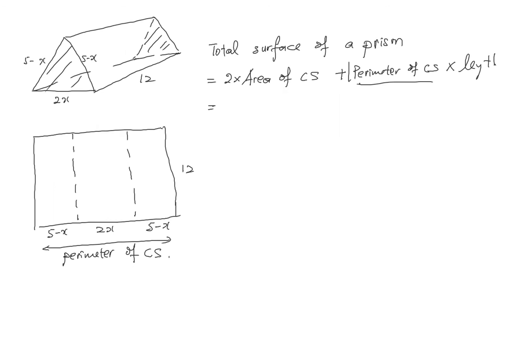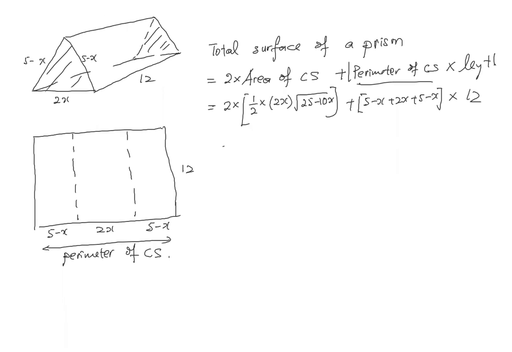So in this case, it will be 2 times the area. Just now we have found half times the base times the height. Plus the perimeter, which will be 5 minus x plus 2x plus 5 minus x, then times by the length, which is 12.